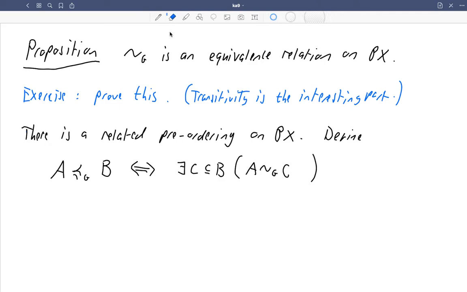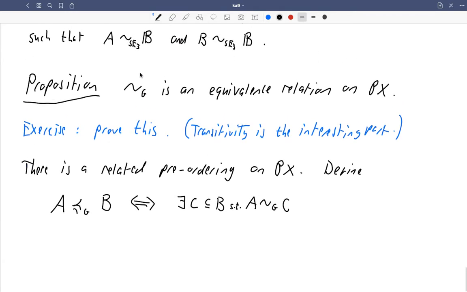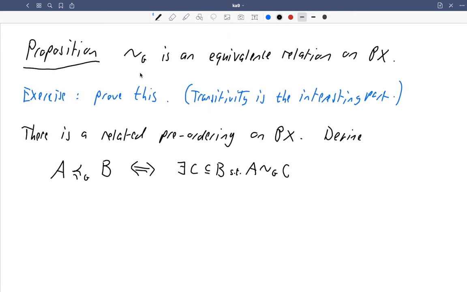Maybe we'll put "such that". So this is a little bit reminiscent of the notion of two sets having the same cardinality.